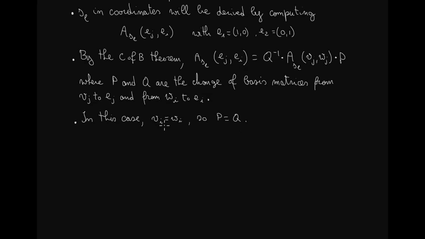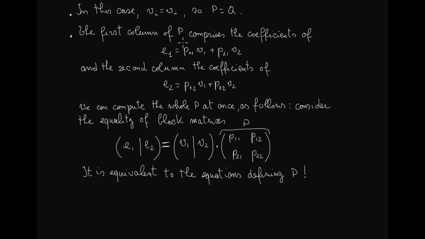In this case, Vi equals Wi, so P equals Q. The first column of P comprises the coefficients of the linear combination expressing the first vector of the new basis in function of the old basis of the domain.